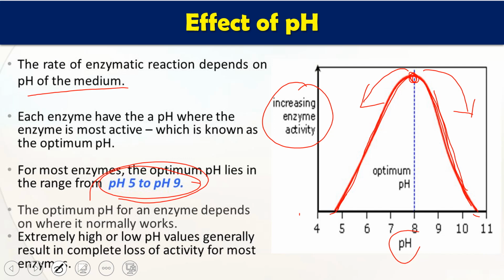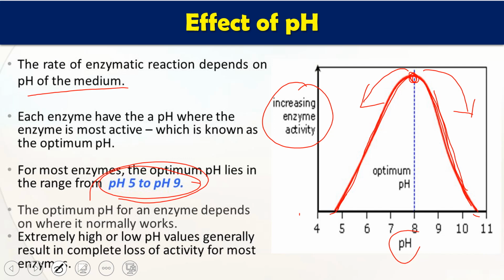In our human body, different locations have different pH. Our skin has a pH of 5.5, so any enzyme which has to work on my skin will have an optimum pH of 5.5. Enzymes which work in my stomach, where the normal pH is 1.5 to 2.5, will have an optimum pH of 1.5 to 2.5.